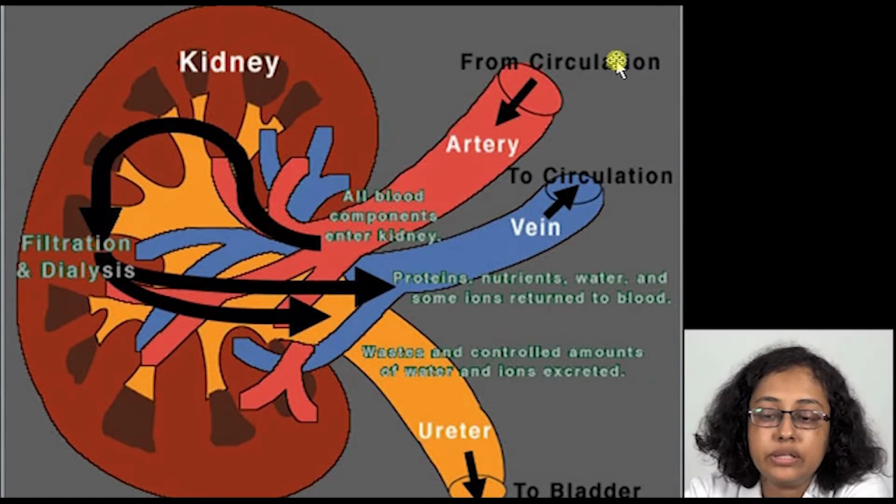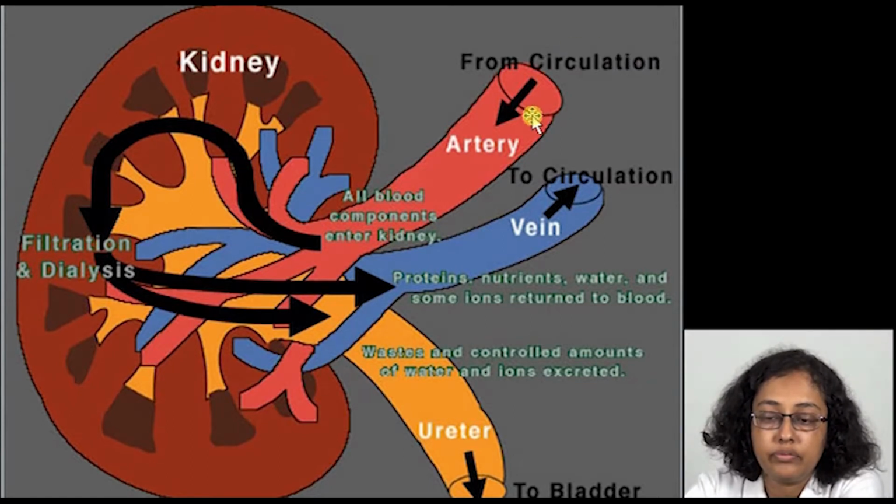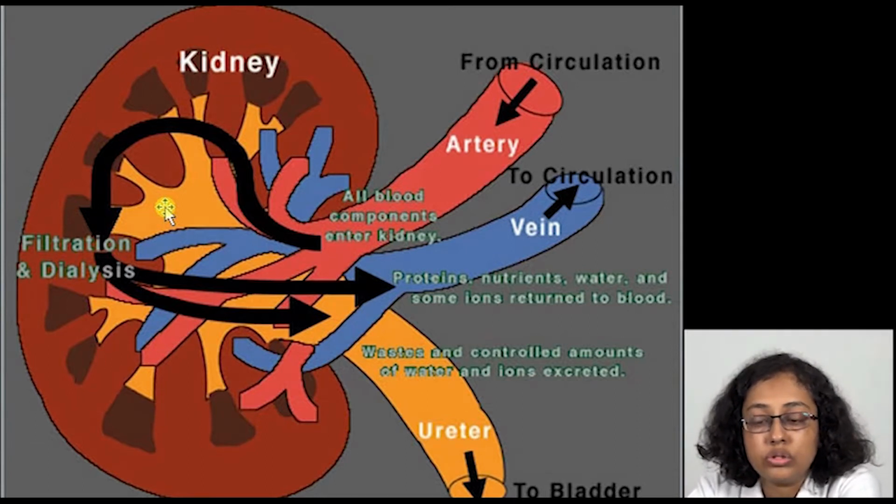In simplistic terms, the blood enters the kidney from the systemic circulation through the renal artery, where it gets filtered in multiple units or nephrons, where there are the glomerular filtration barriers, and the unnecessary waste products and controlled amounts of water as and when needed and electrolytes are excreted in the form of urine, which is passed through the ureters to the urinary bladder, while the essential components, all the blood components and proteins, nutrients, the water required and some ions are returned to the systemic circulation via the renal vein.